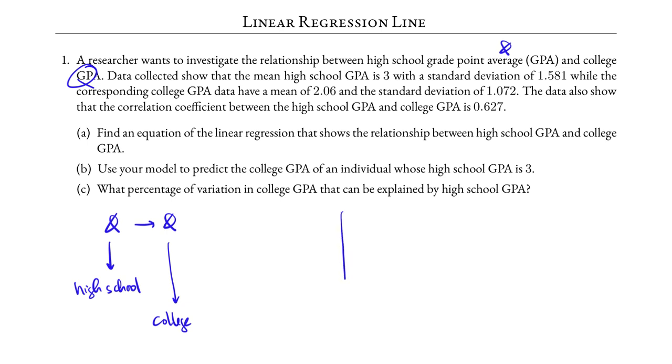If we have the data and construct the scatter plot, we would put the high school GPA in the horizontal axis and the college GPA in the vertical axis, and we will end up with a bunch of dots for the scatter plot. And this is again only if we have the data. We usually label the horizontal axis as X and the vertical axis as Y.